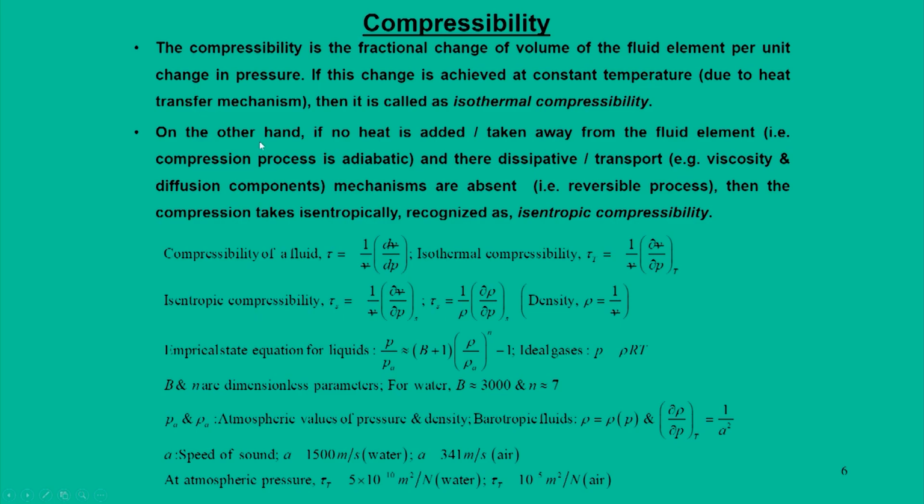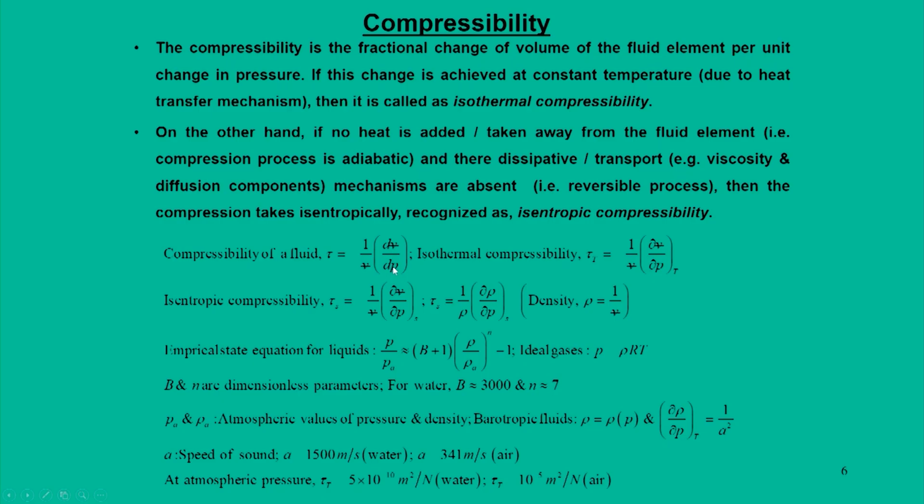Thereby we give a thermodynamic meaning to how the change in pressure to change in volume is associated. The basic definition for the compressibility of the fluid, which is tau, is defined as minus 1 by V, where V stands for specific volume, into dV by dP.